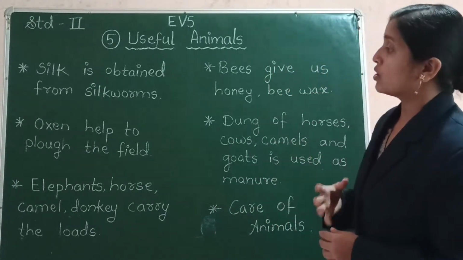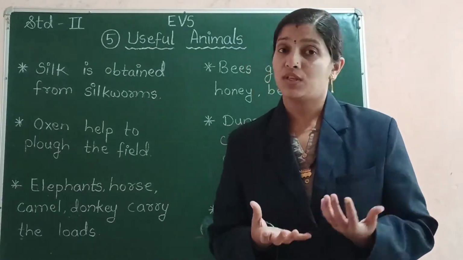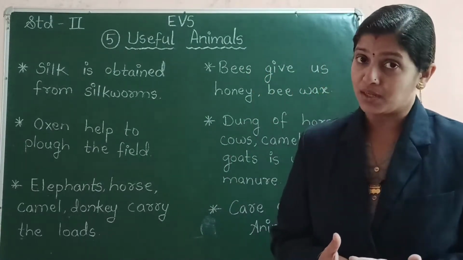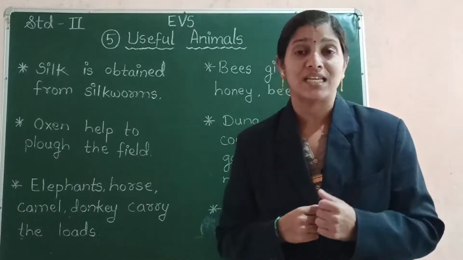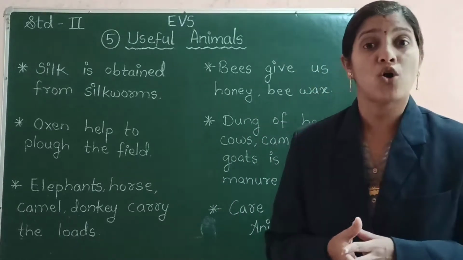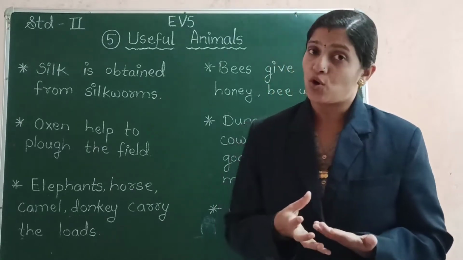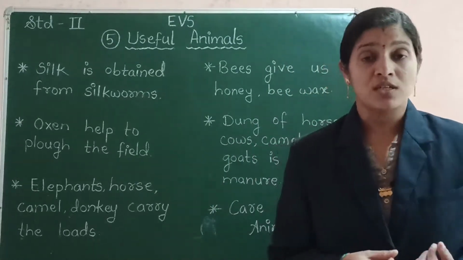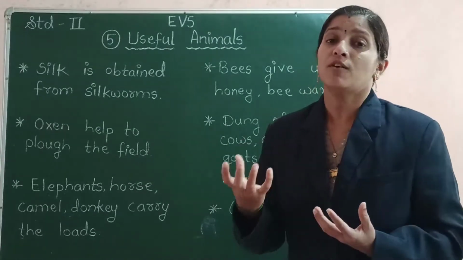Okay, so also there are other animals which help us. Now which are these animals? There are some animals that help us to make our work easy. So do you know the ox? Yes, the ox helps in the agricultural fields. What do these oxen do? These oxen help to plow the field.